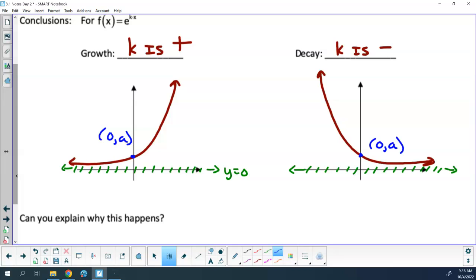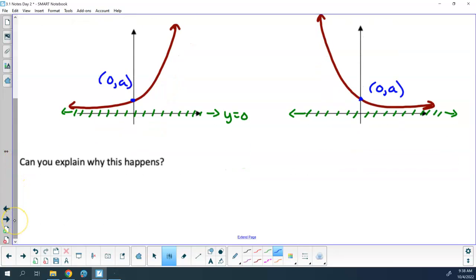Exactly. So in a visual sense, if we've got e to some negative number, because that's what having a negative k value up there would be, then that becomes 1 over e to the positive number.